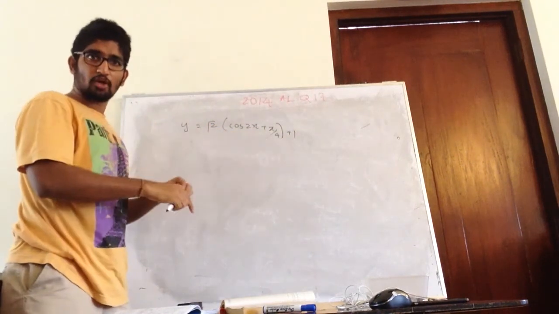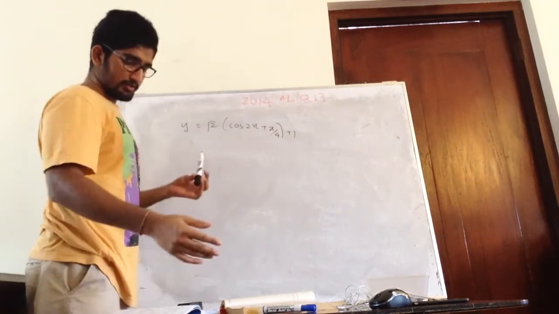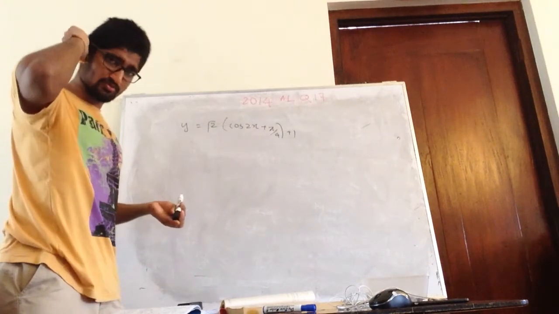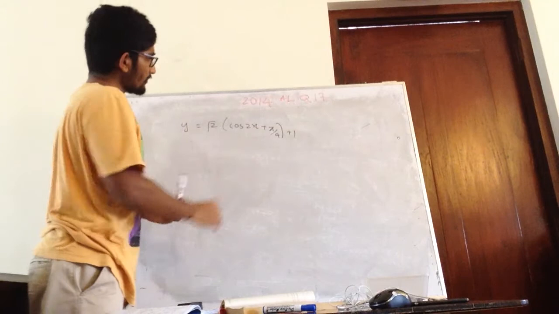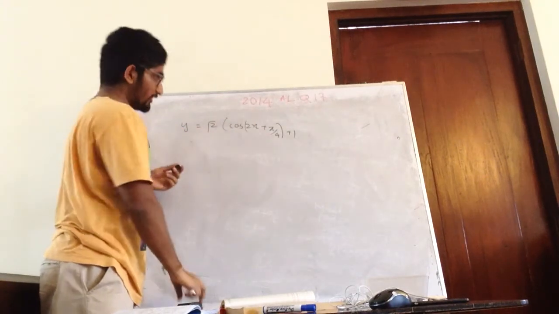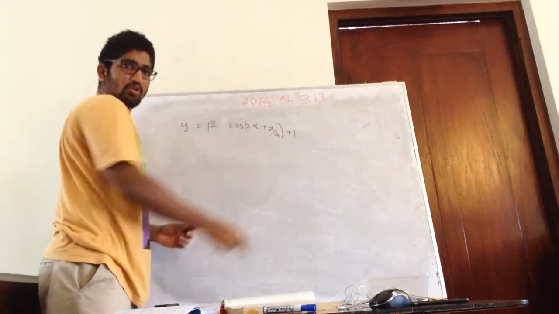So this is what we got now. Now we know that y is between 1 minus square root 2 and 1 plus square root 2. So that is done. But this cos term, we know the range of x, but we don't know the range of this whole thing.